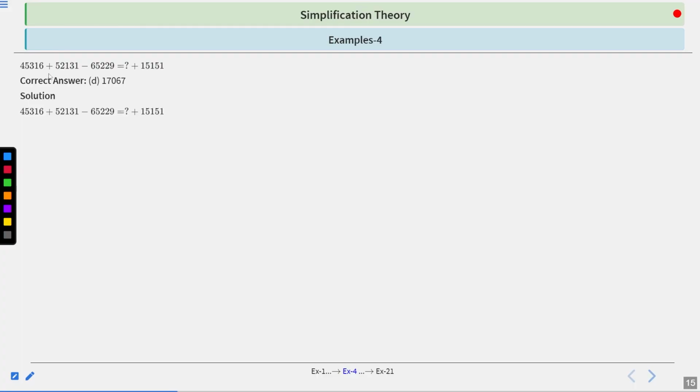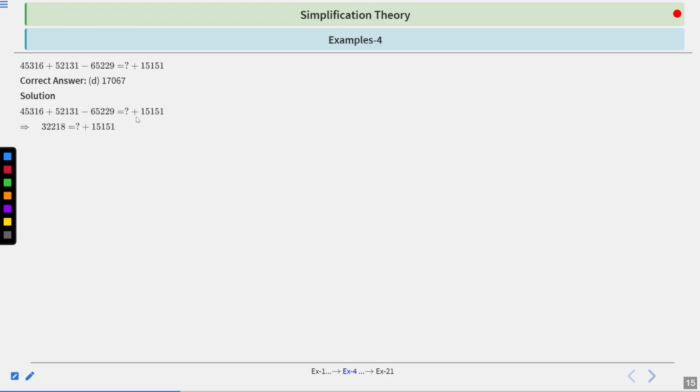Now see the solution. First we add these two positive numbers and subtract this number. When we add, we get approximately 97,000 something, because this number is 52,131 and this is 45,000. So when we subtract 65,219, we get 32,218.